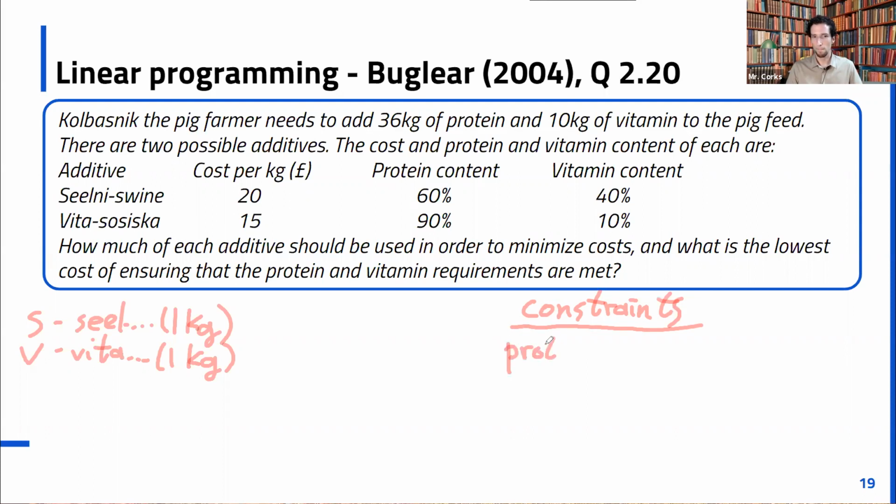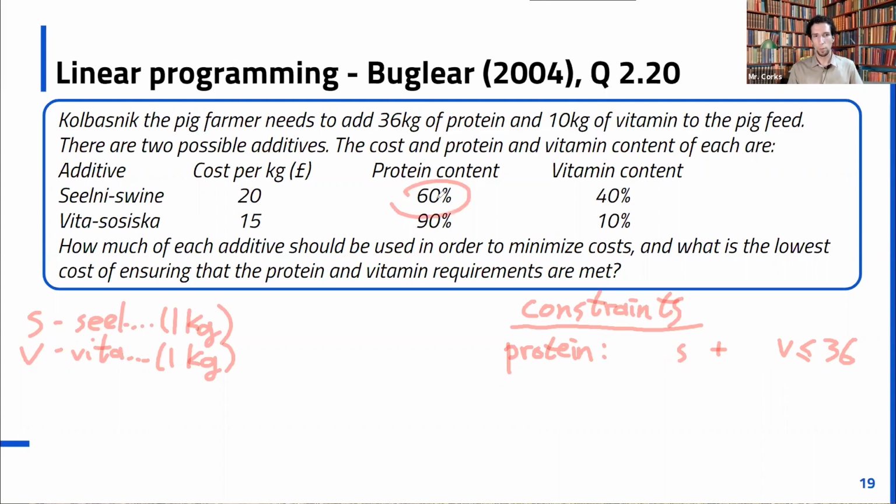Okay. 60 S plus 90 V is less or equal to 36. Why? I see the 36. Why 60 and why 90? Actually, it should be 0.6 and 0.9. I'm sorry. There we go.